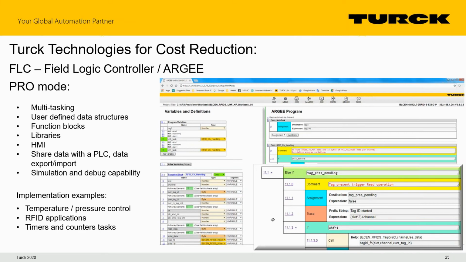Again, if then else, wait statements, for loops, while true loops. So a lot of things we can do in there that really brings us up to a PLC level in an IO block. So if you've got a machine or a small skid or something that is on the borderline of whether you want to just have it manually controlled by an operator or put some controls on it, this gets you a low-cost solution to get some controls.